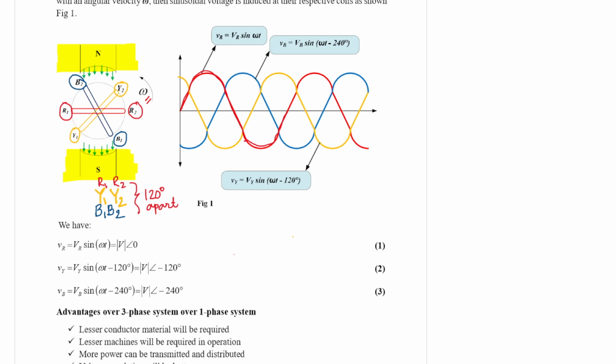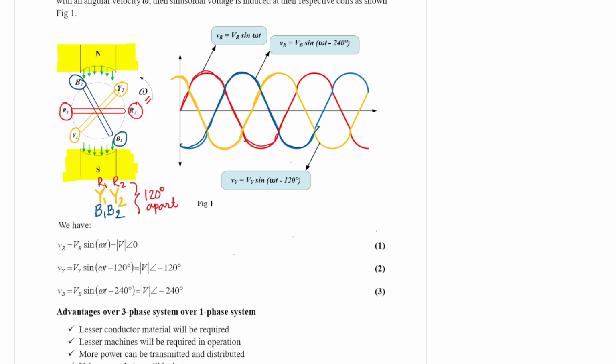The second waveform is like this, shown in yellow. And the third waveform is given by this blue waveform, and they are all sinusoidal in nature. However, they are separated from each other by 120 degree in phase displacement.